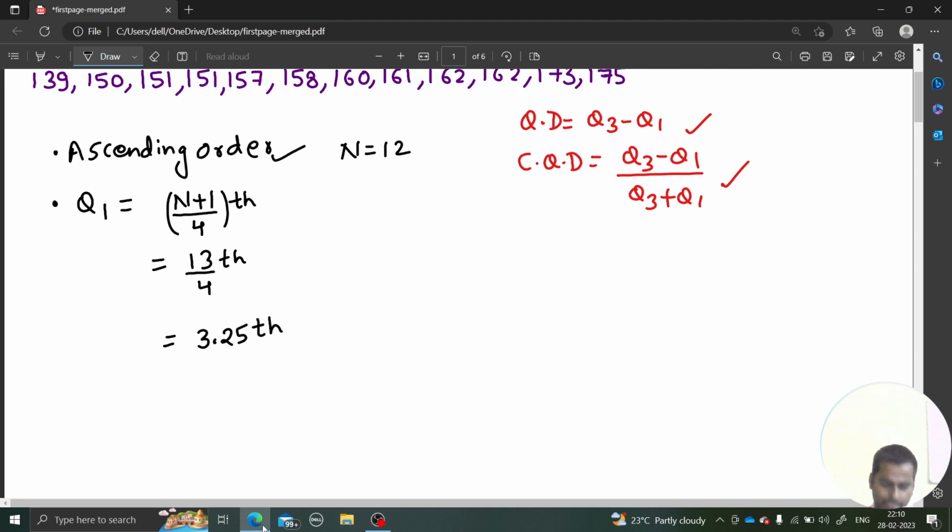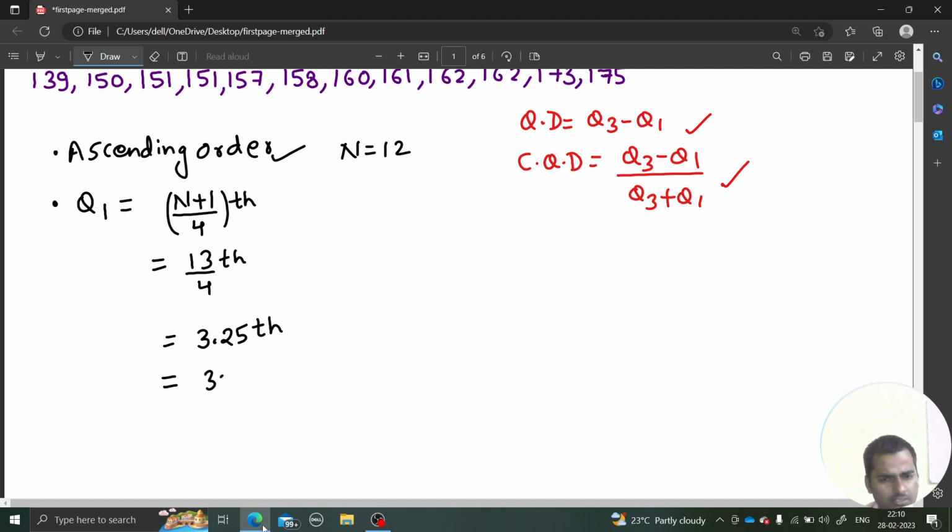Take care that the data is in ascending order. If it comes out as exactly the third or fourth term, you can find it easily. But if it comes as a fraction like this, you write the size of the third term plus 0.25 times the difference between the next term and the third.